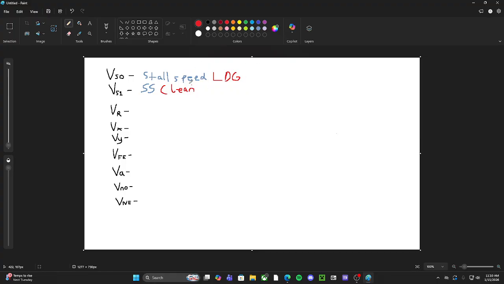That is our dirty configuration. And then our clean configuration is just when our flaps are all the way up. So the speed differential between the two is kind of big typically. I think in the DA-20, the plane that I fly, it's like 8 knots difference. So there's a pretty good difference between when you stall with your flaps all the way down and when you stall with your flaps all the way up.